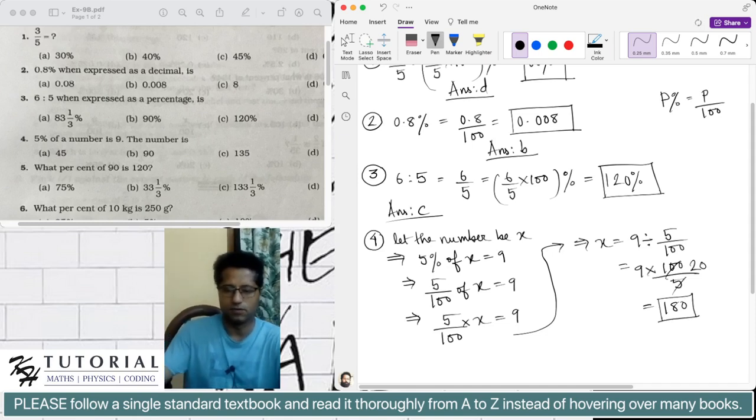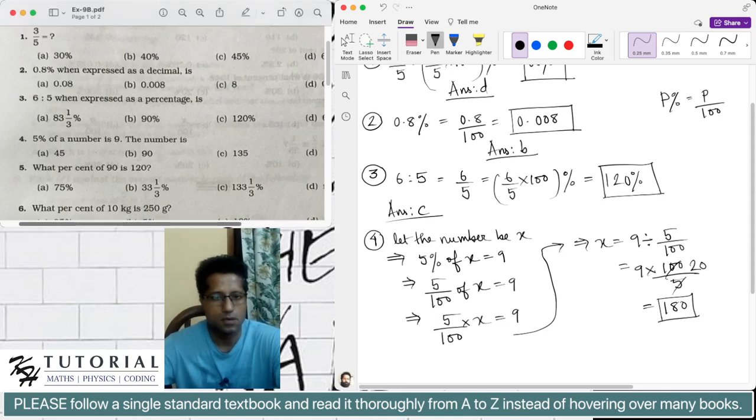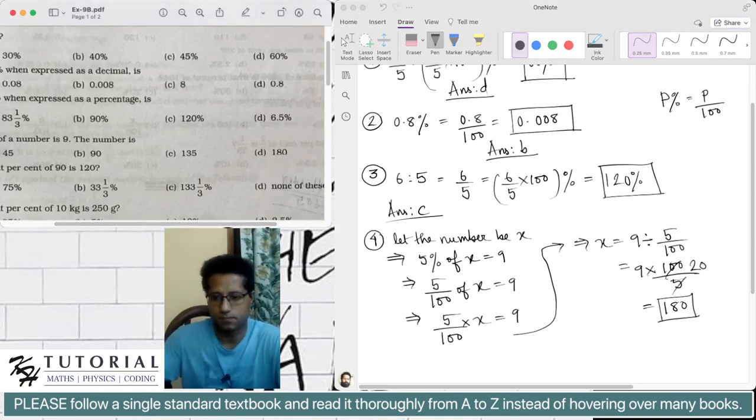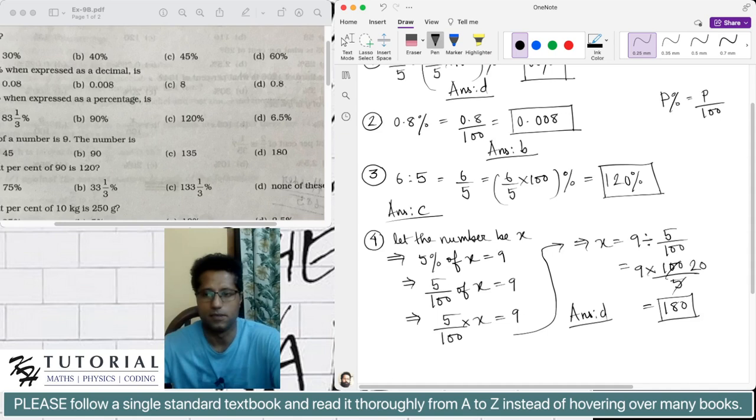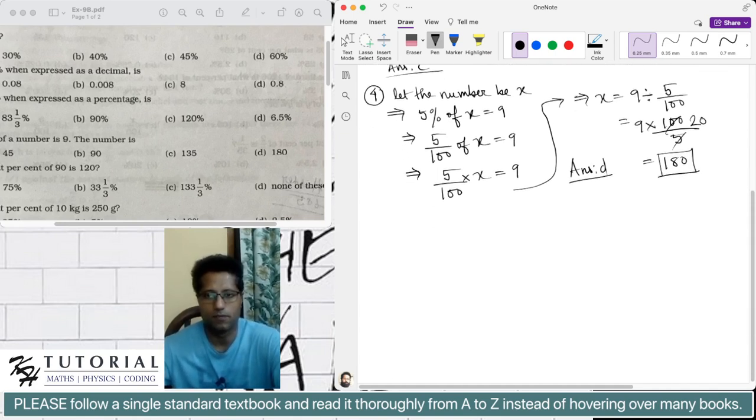So the number which we have assumed to be x is 180, and hence the correct choice is choice D. Okay, let's do problem number 5.